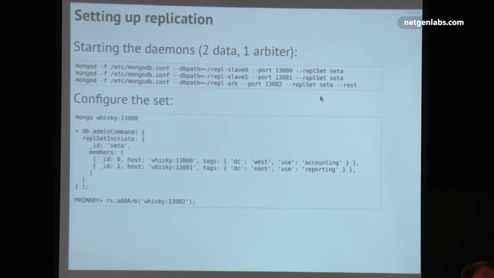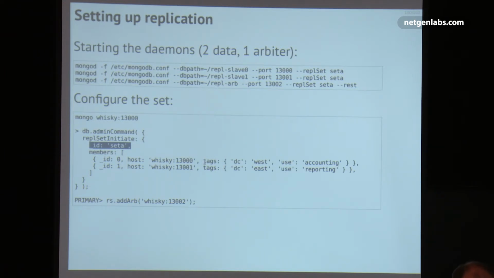When you do this, you need to configure the replica set by calling an admin command in the shell. You initialize a replica set with its name, and that name needs to match the one that you have here. And then you configure the members. So you have member 0, which is my local machine on port 13,000.